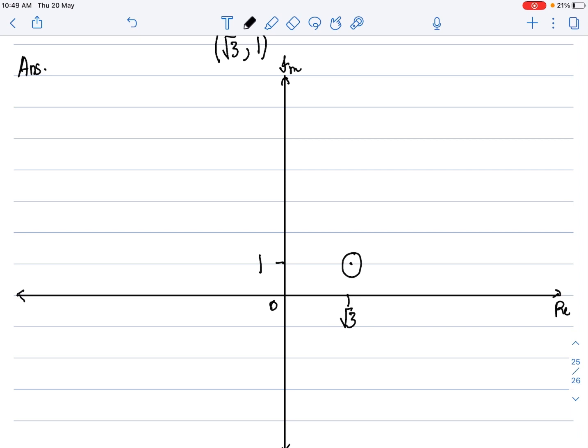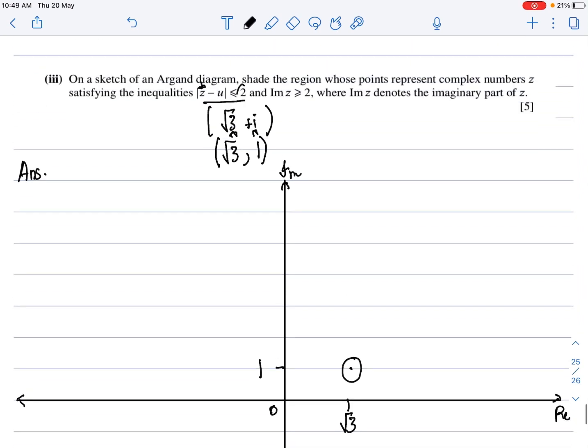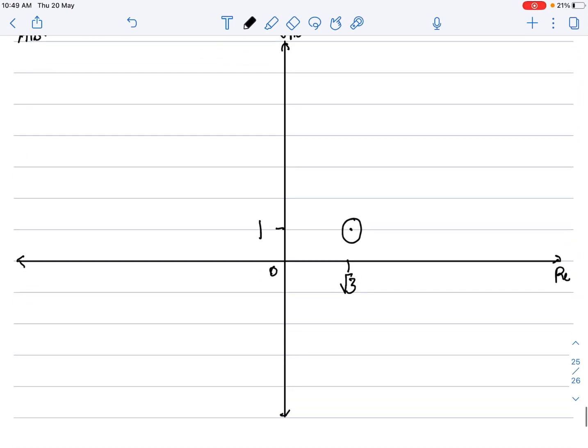This is the center of the circle and it has a radius of 2 here. So radius of 2 basically means this is 2, this is 3, okay. Root 3 means this is 2 root 3, okay. This is basically 3 root 3, I can say. This is what I have here, and basically something like this here, 1 and 2.